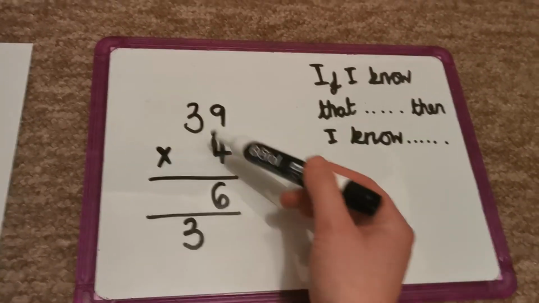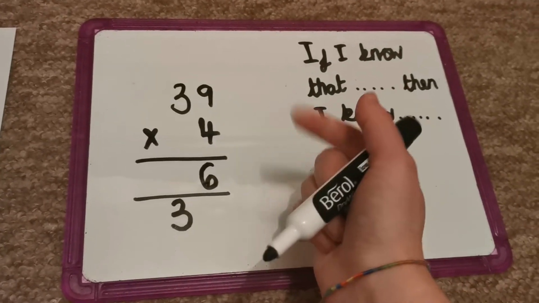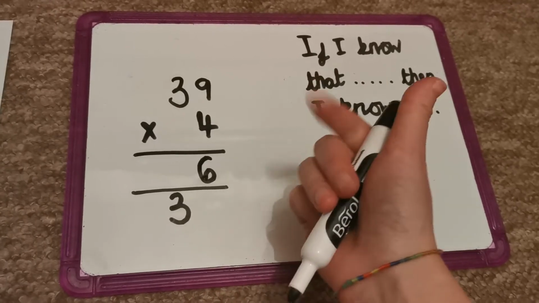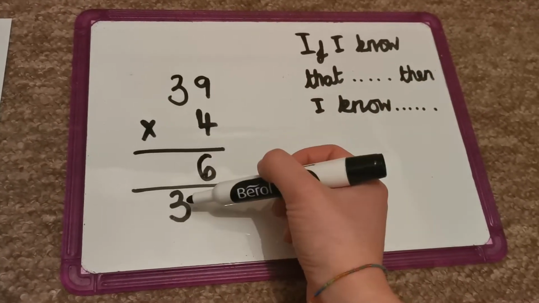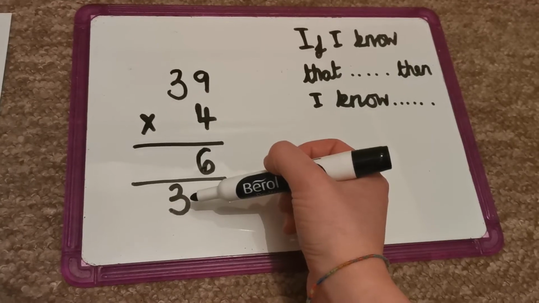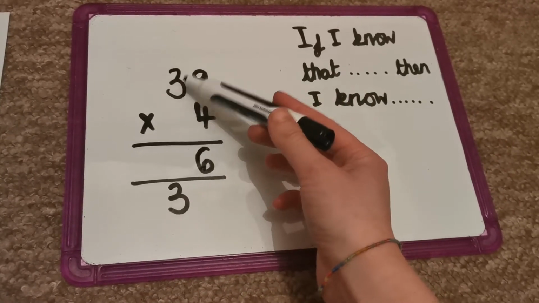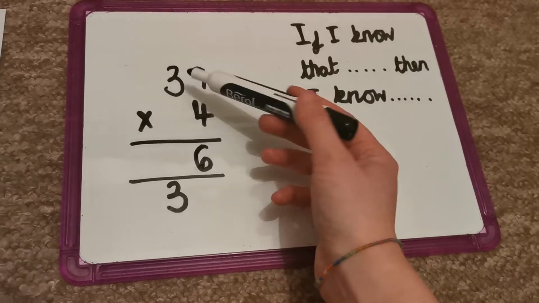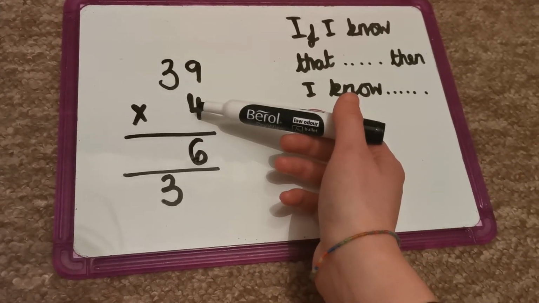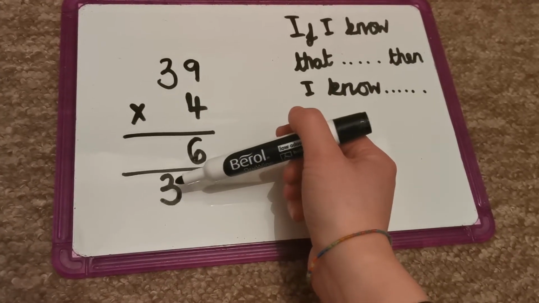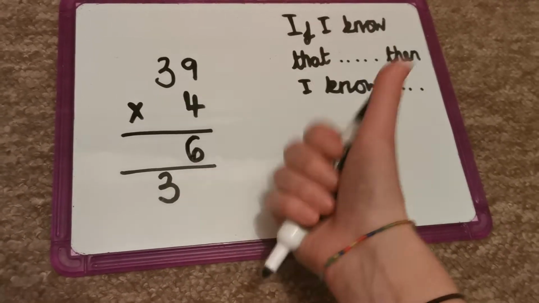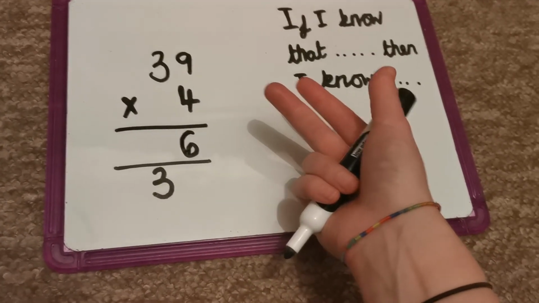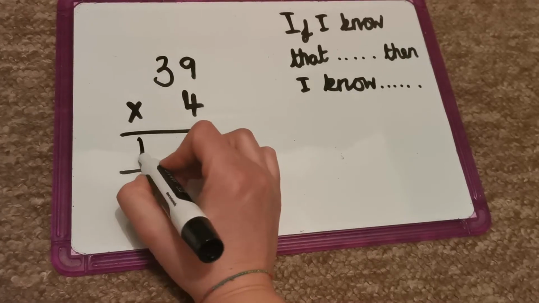Then I need to work out 3 times 4, so 3, 6, 9, 12, or if you know your 4 times table really well, 4, 8, 12, and then I've got to add 3 more. If I know that 3 times 4 is 12, then I know that 30 times 4 is 120, plus 3 tens, so 130, 140, 150, which is the same as 15 tens.